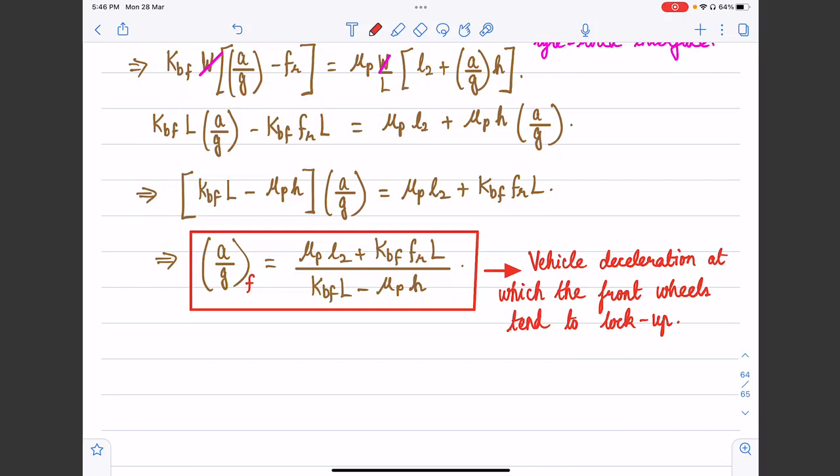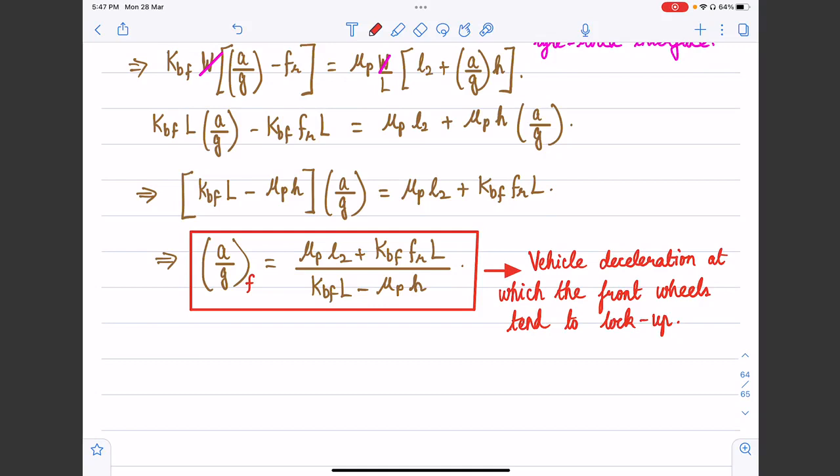Sir, when L1, L2 and H become variables, based on shifting of the weight from front to rear, will we need to do some other studies, or will it be the same?